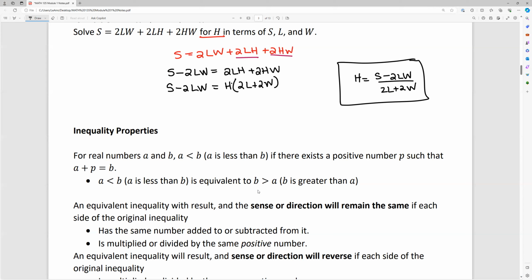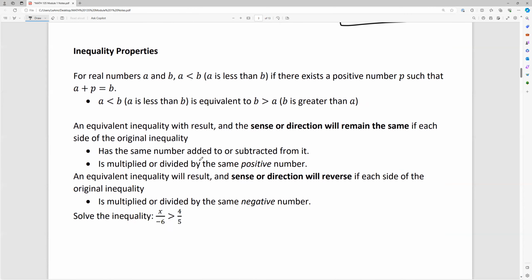So an equivalent inequality will result, and the sense of the direction will remain the same if each side of the original inequality has the same number added or subtracted to it, or is multiplied or divided by the same positive number. So what that means is when we were solving equations, we could add or subtract something to both sides. We could multiply or divide by any non-zero number we wanted to on both sides. With inequalities, you can add or subtract anything from both sides.